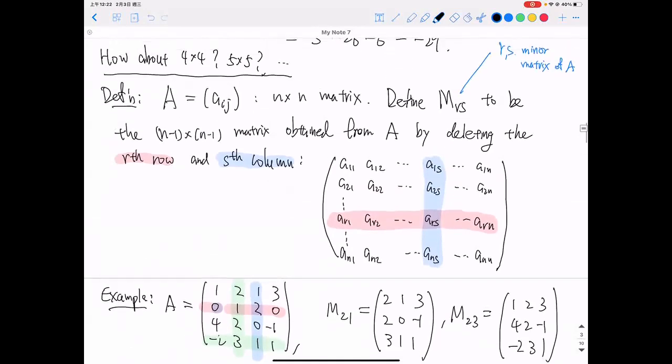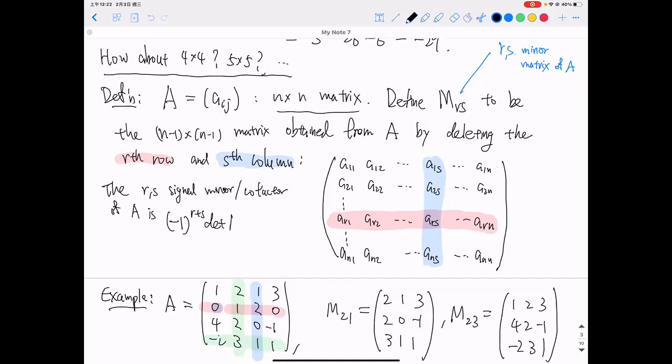Going back here, when we have in general an n by n matrix, we can form M_RS, the RS side minor, or cofactor of A, which is just this expression: minus 1 raised to the R plus S power times the determinant of M_RS.